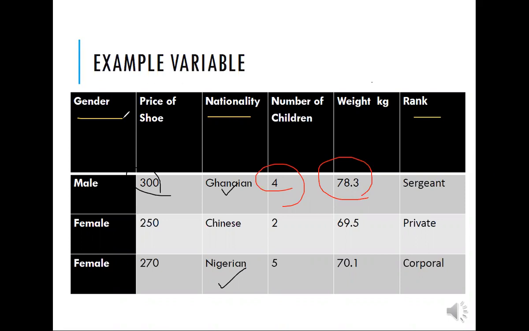Okay, good. But when it comes to rank, there are clear levels. We move from one level, which is private, to I think corporal, to sergeant. So there is an order. In ranking, there is ordering.